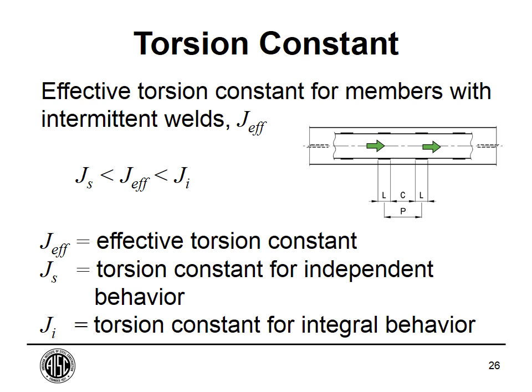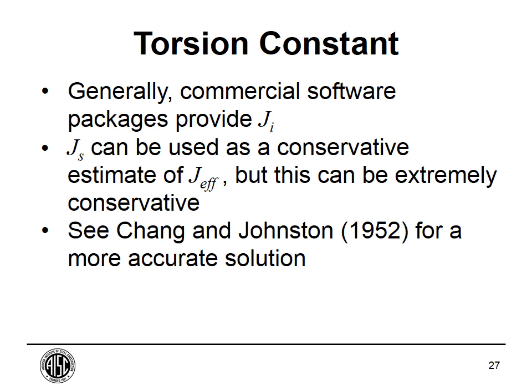So how do you calculate that? Well, if you go to most commercial software packages, there are several, I call them shape builder software packages, where you just graphically add in whatever shapes you have for a built-up cross-section, and it calculates all of the properties for you.